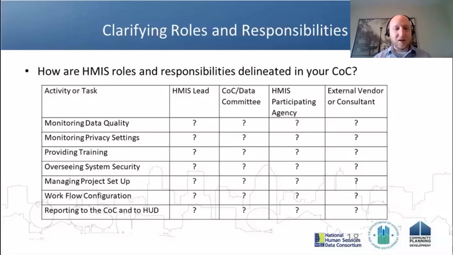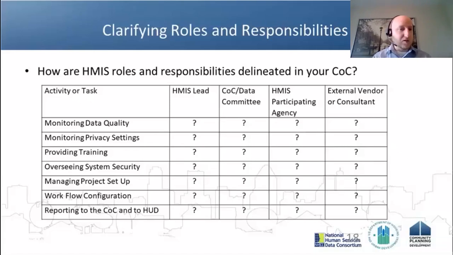So this is the takeaway slide. Again, we're throwing out some different models. Really, we think you owe it to yourselves and your CoC partners to start to have this type of in-depth and meaningful conversation as far as how many different roles and responsibilities are actually defined and delineated across our CoC.